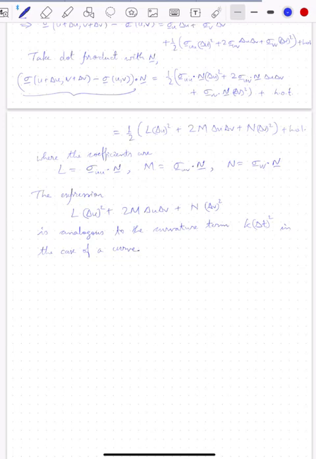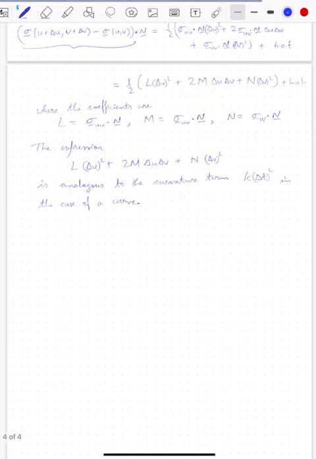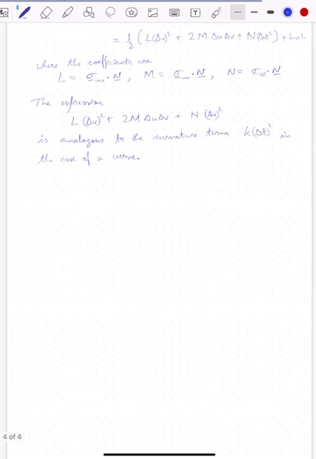right? So we can see that as delta u and delta v tend to 0, as they approach infinitesimal quantities du and dv, we get L du squared plus 2m du dv plus n dv squared.